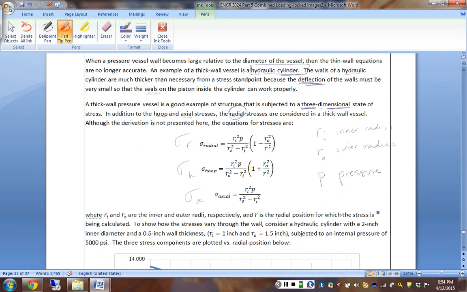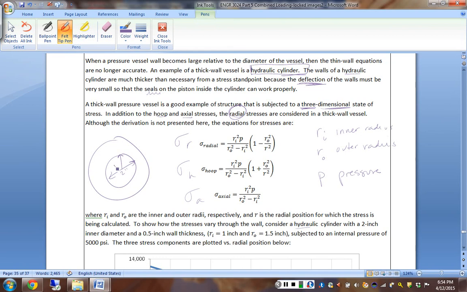So in this case, we are going to consider a hydraulic cylinder that has a 2-inch inner diameter. If we look at this in cross-section, we have 2 inches across this way and a 1/2 inch wall thickness.